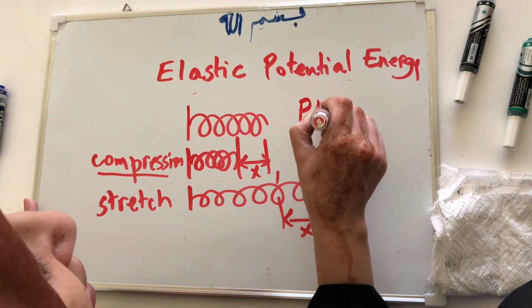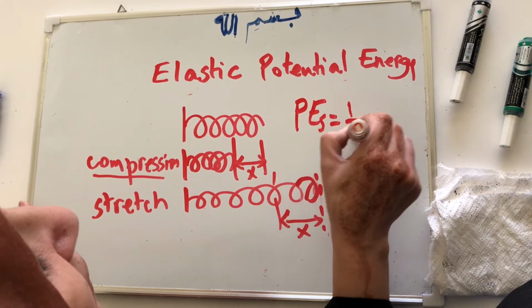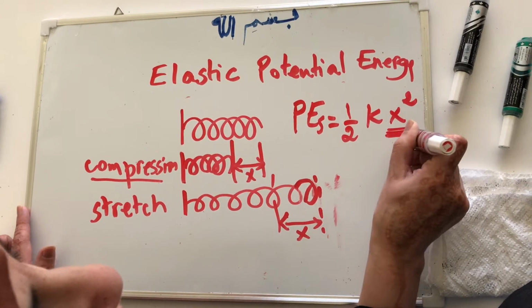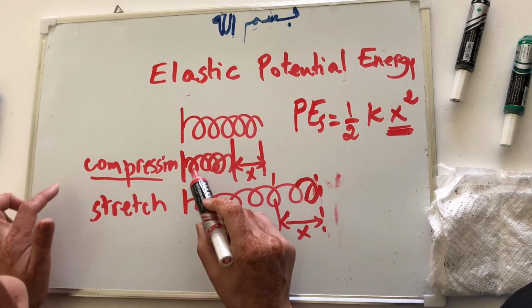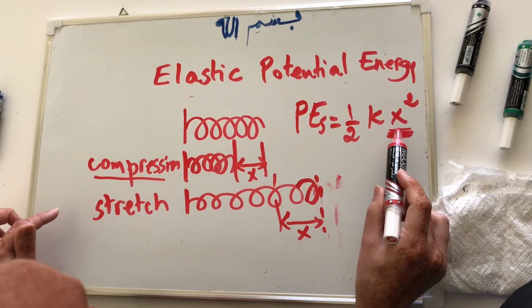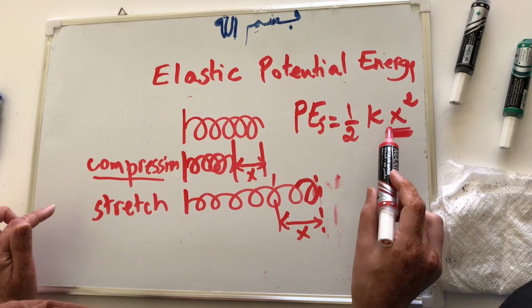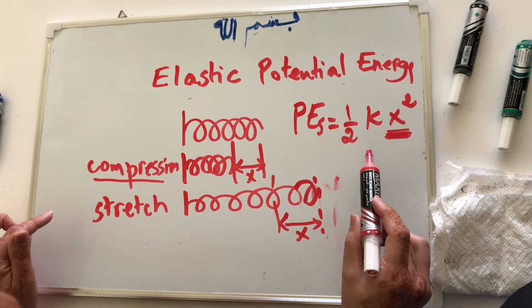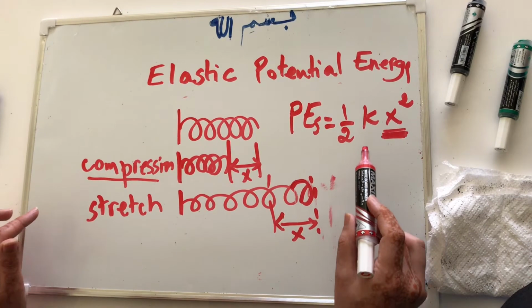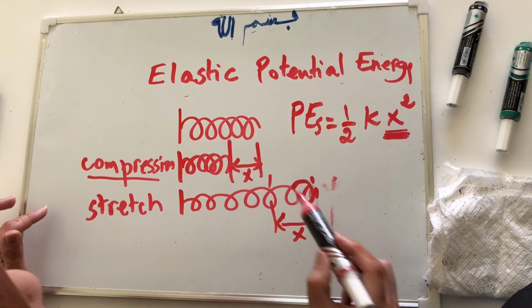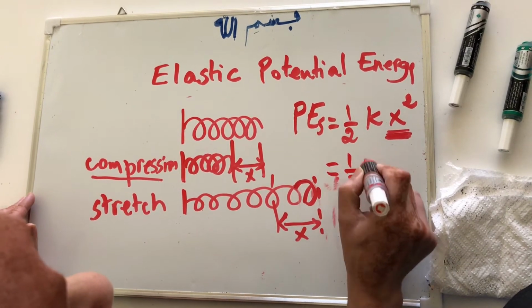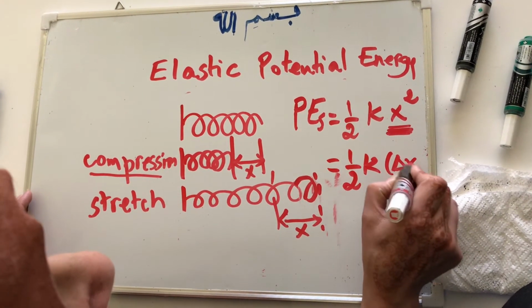Potential elastic energy is half kx squared. So your x is going to be squared. So whether it is a compression or a stretch, if it is the same distance, it doesn't matter. Your spring is going to have the same potential energy. Again, in some books, some colleagues use delta x squared.